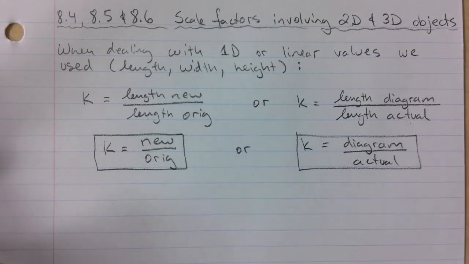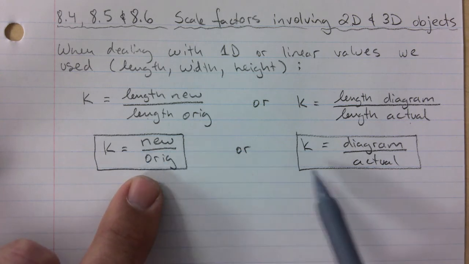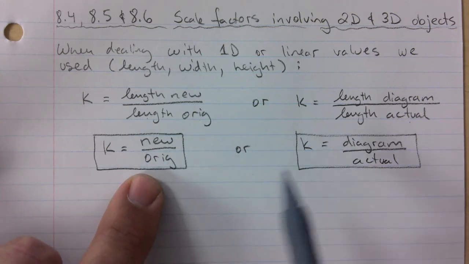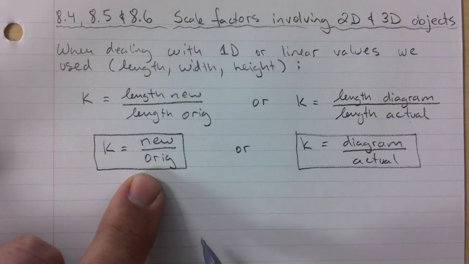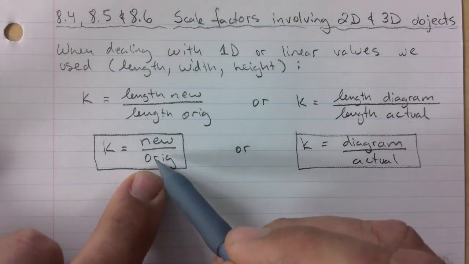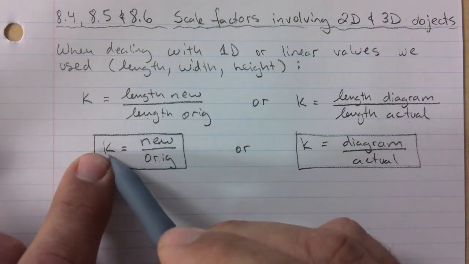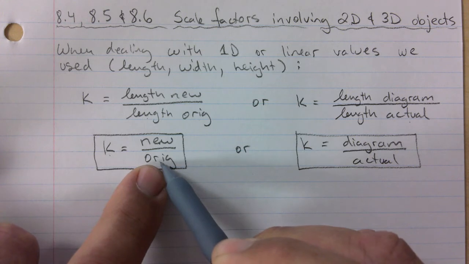And I will give you a different version of this formula, which is just rearranging everything. Because if you were to cross multiply, you get that the new is really just k times the original. That's just rearranging the formula.